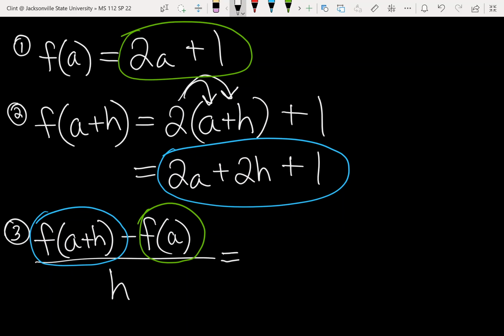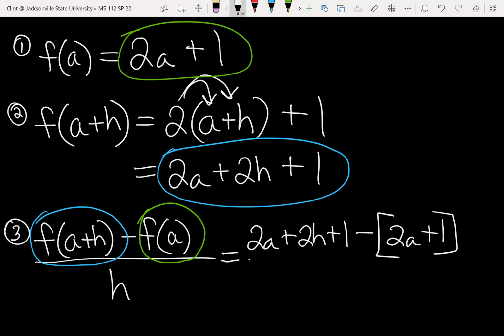Okay. So we'll have 2a plus 2h plus 1 minus. You do have to be careful here, because if you have more than one term, you got to distribute the minus sign. So the thing we want to subtract is 2a plus 1, over h.